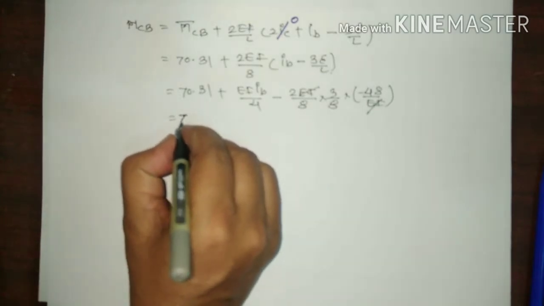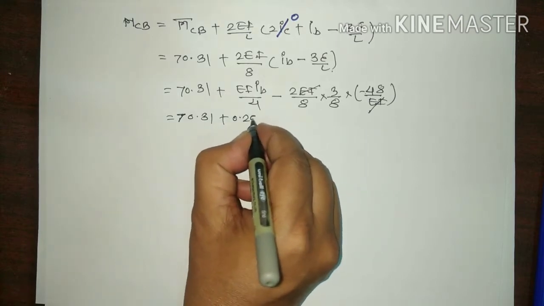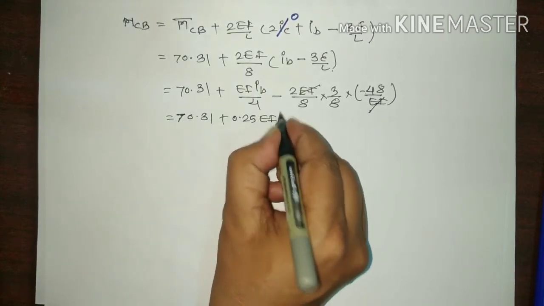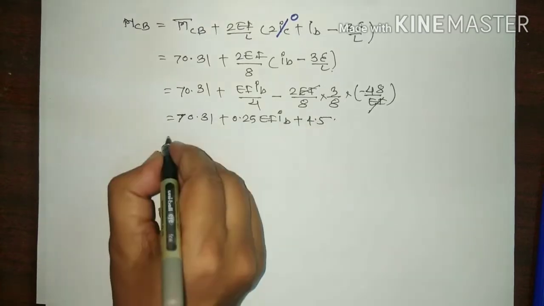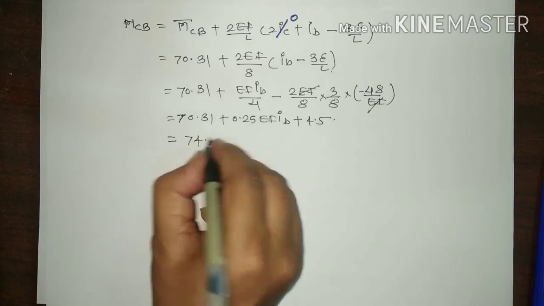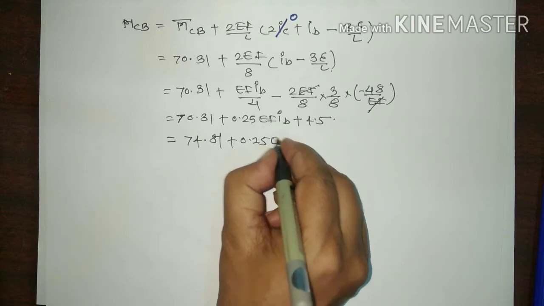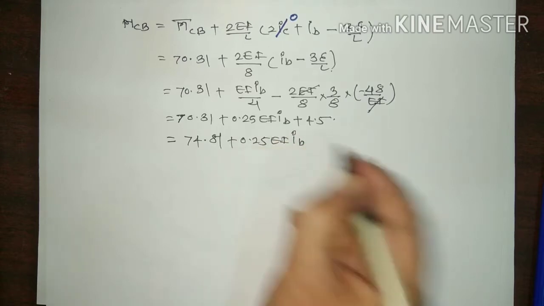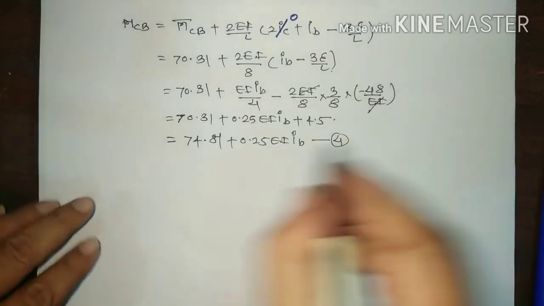So 70.31 plus 0.25 EIIB plus the 4.5. So this becomes 74.81 plus 0.25 EIIB. Equation number 4.